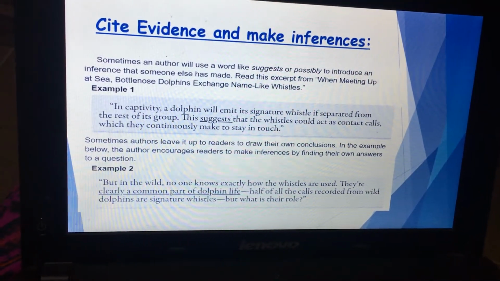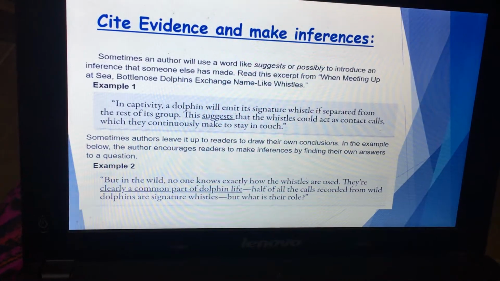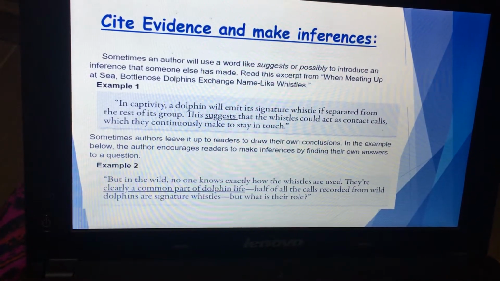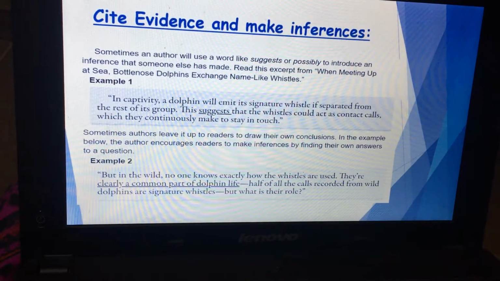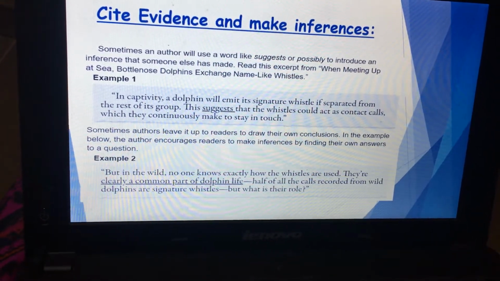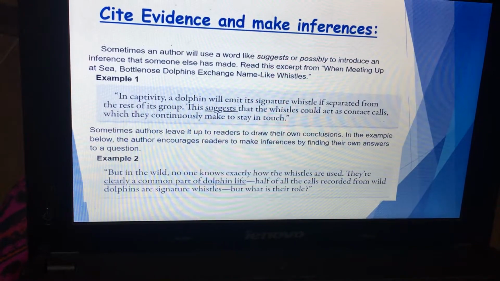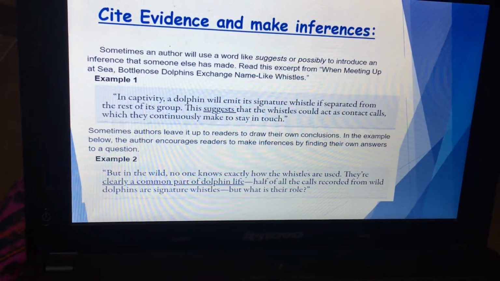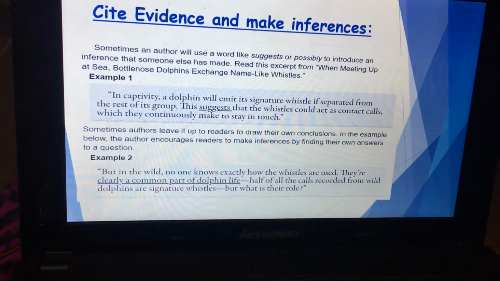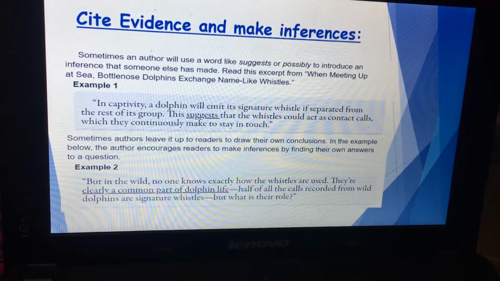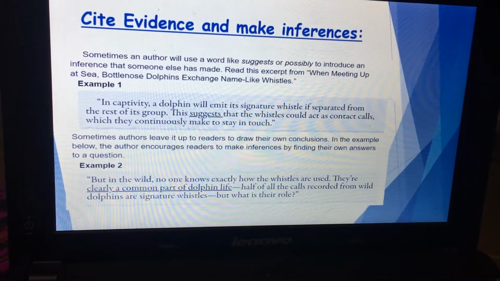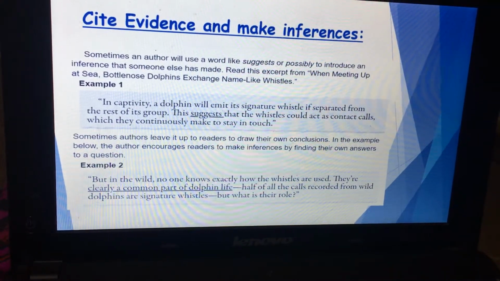Now, in this example, if we are going to read it, it is directly taken from the text. As you can see, the word that is underlined suggests. Let me read the example first. In captivity, a dolphin will emit its signature whistle if separated from the rest of its group. This suggests that the whistles could act as contact calls, which they continuously make to stay in touch.